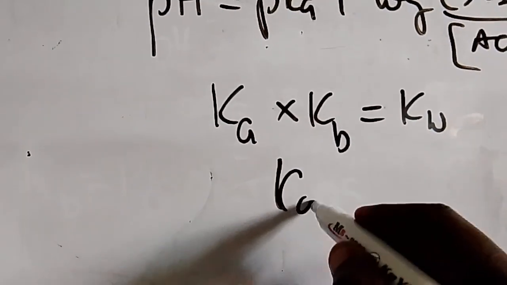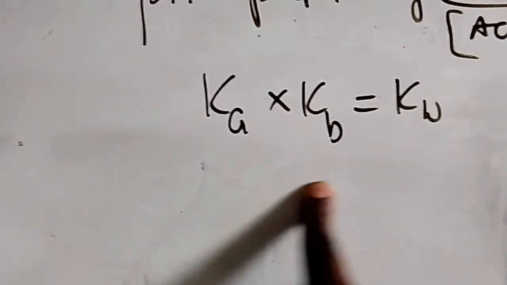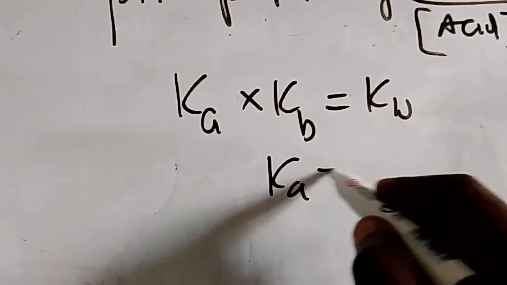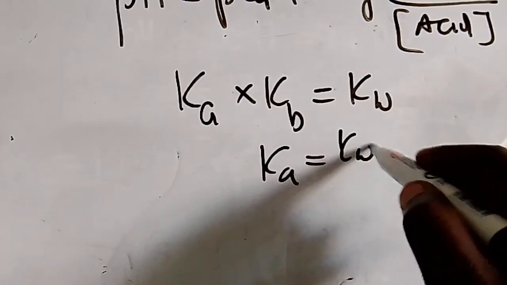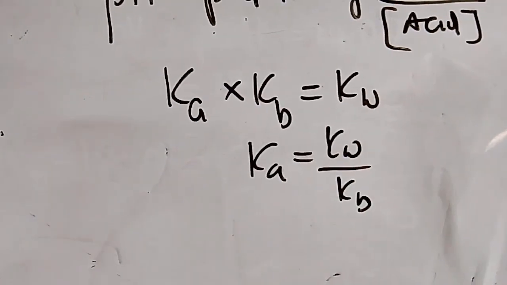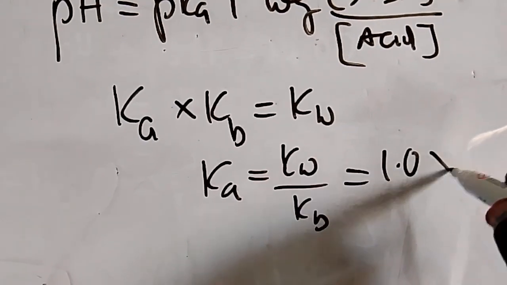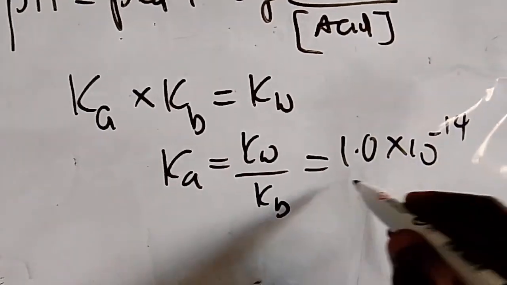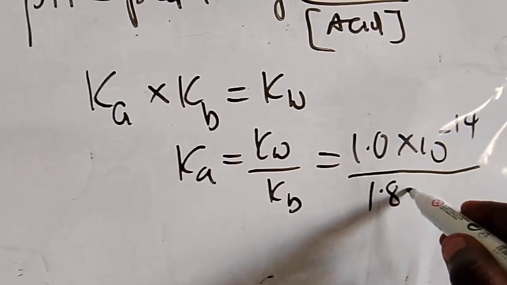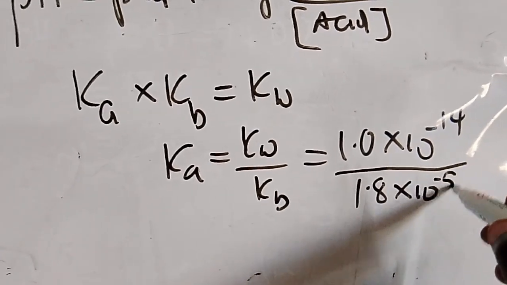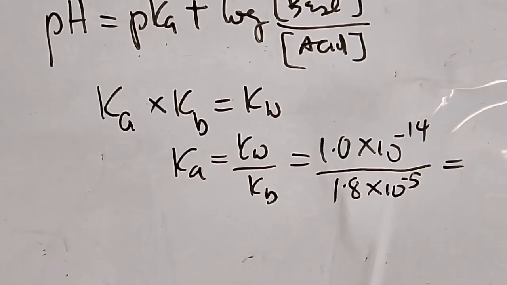So Ka will equal Kw over Kb, which is equal to 1.0 times 10 to the power negative 14 over Kb, which is 1.8 times 10 to the power negative 5, which will now give us our Ka.